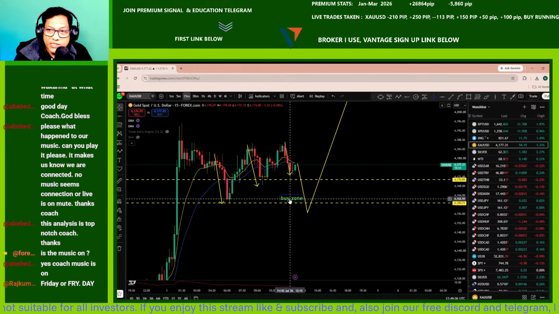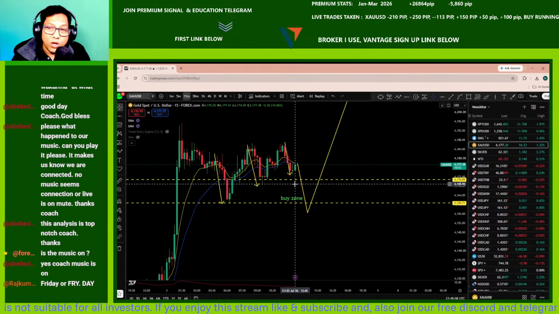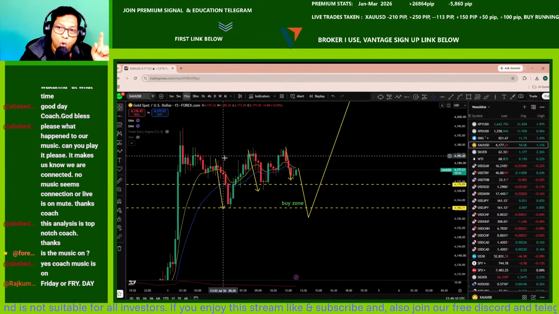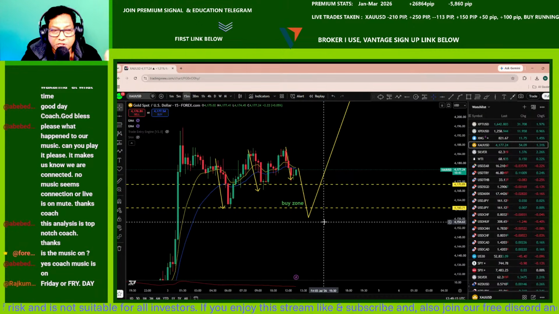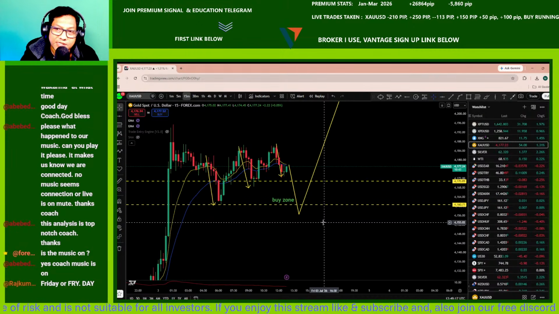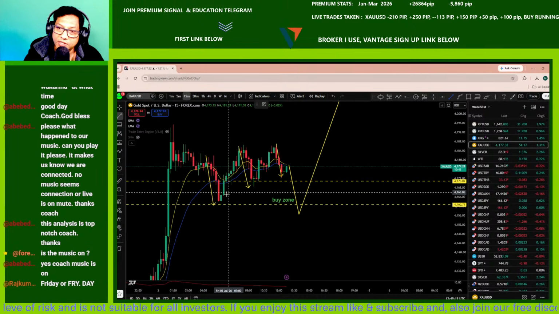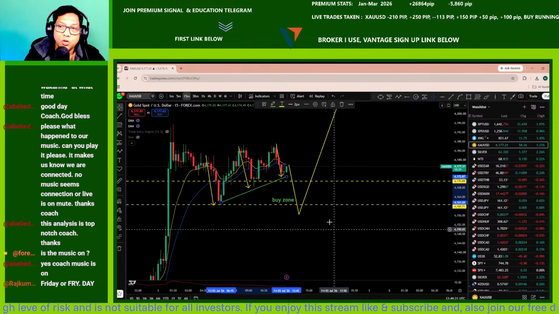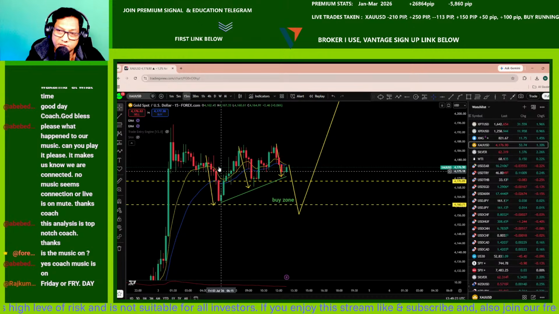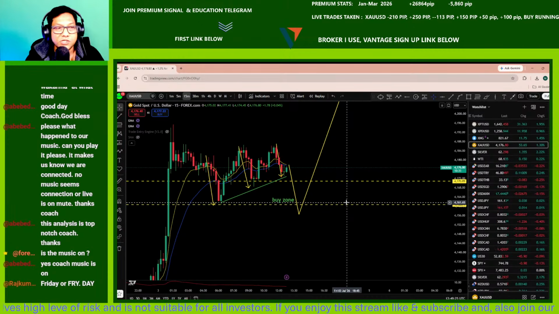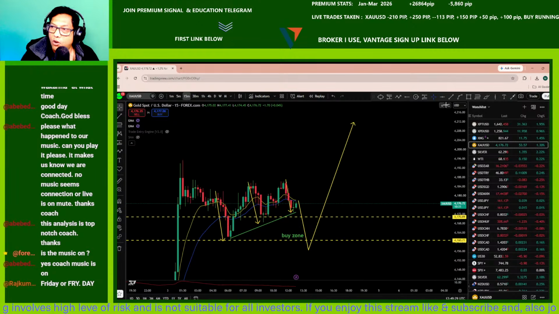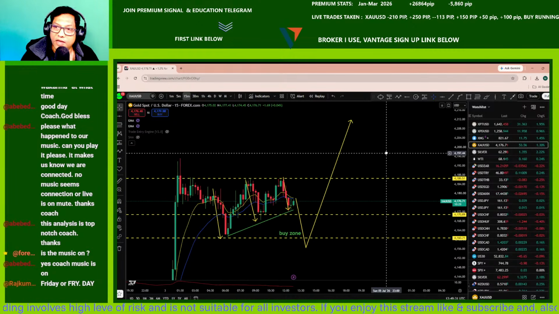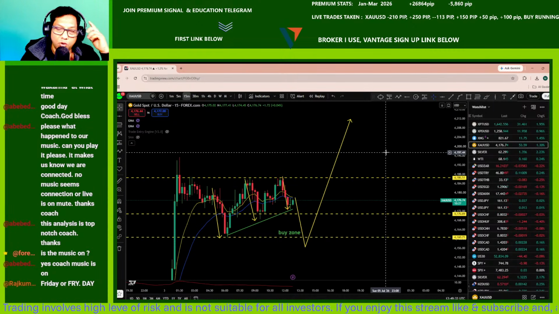And not only that, you want to see one single breakout to the key level. Once you can see the market has broken that buy zone or near the buy zone like this, with one single move back to the support, we can look to go long. That's our plan. And then we can look at our profit target, the first one at this level. And if it goes higher, we can look for further.